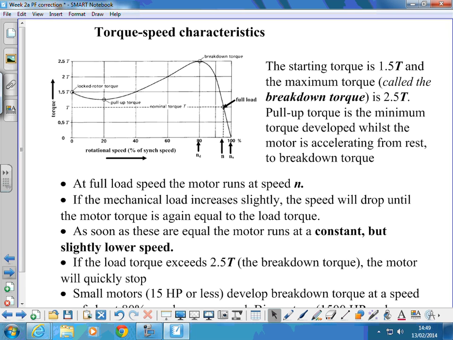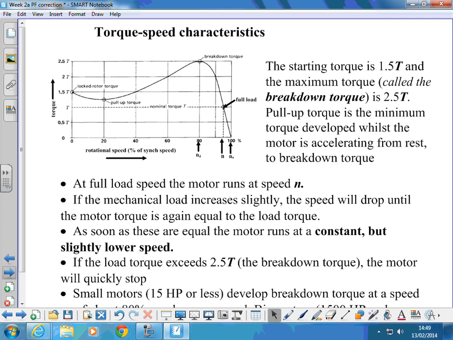So the starting torque is 1.5 times the nominal torque. Maximum torque, called the breakdown torque, is 2.5 T. Pull-up torque is the minimum that's developed whilst the motor is accelerating from rest to breakdown torque.